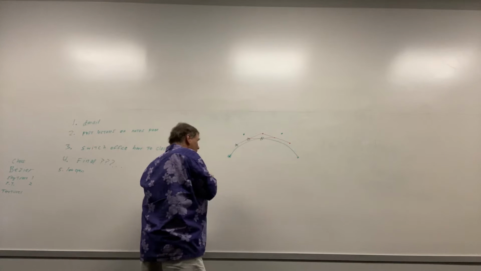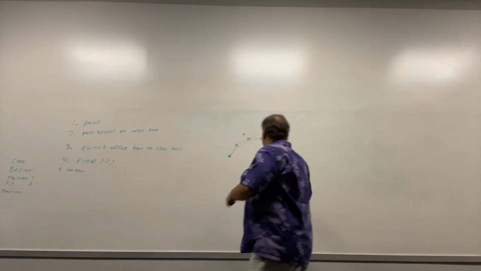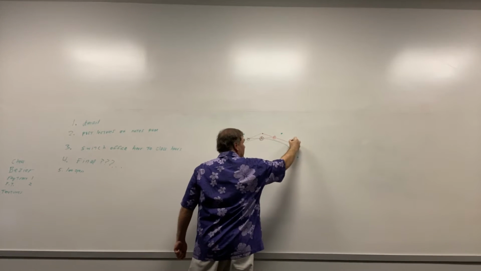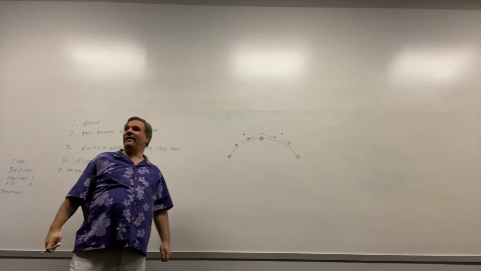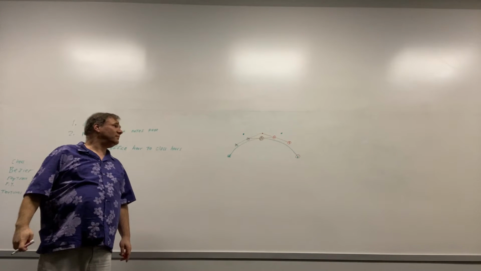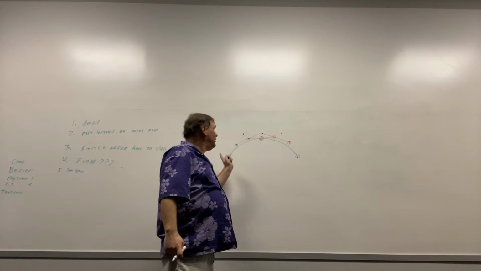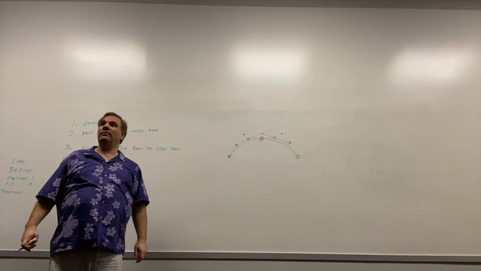For the second curve, they are here, here, here, and here. And voila, you now have 2 curves which together cover the same arc as the original curve did.